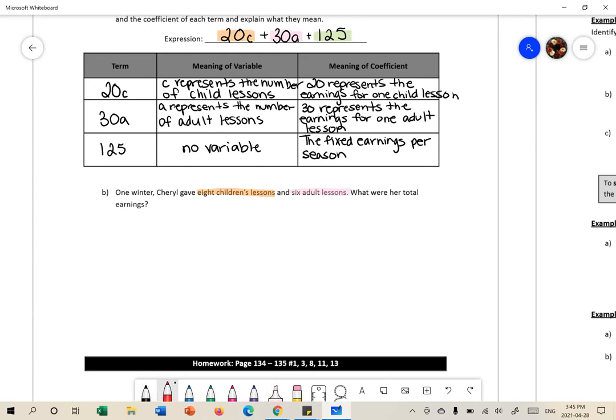So in our expression that we created in part A, I'm going to write that down. I'm going to substitute 8 for variable C. And I'm going to substitute 6 for variable A.